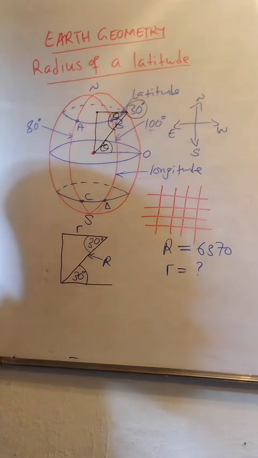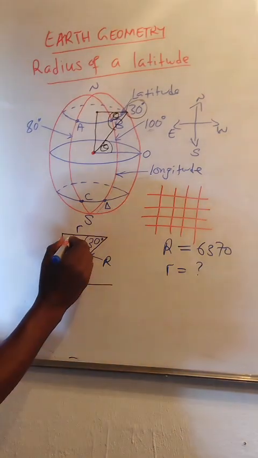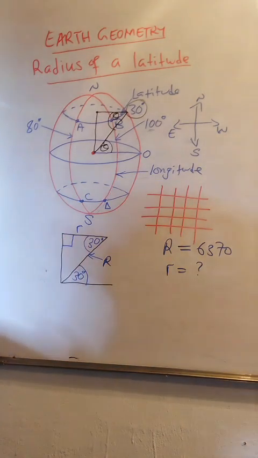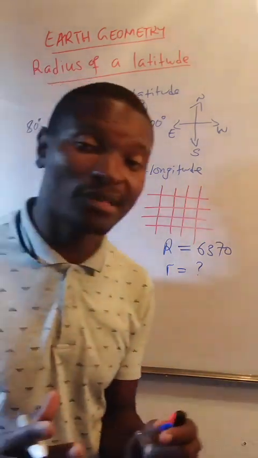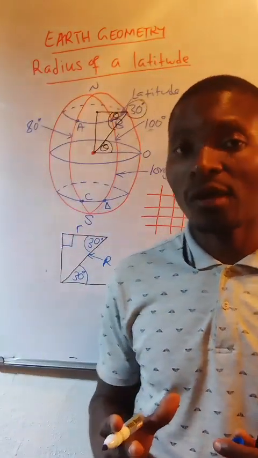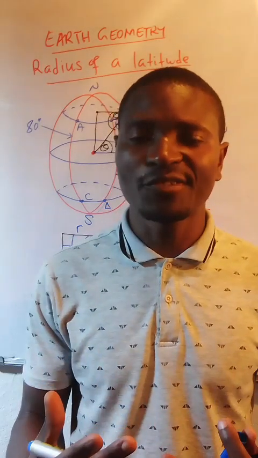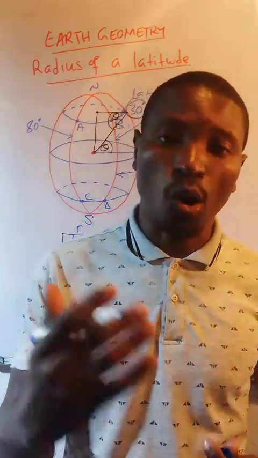Now, from the concept of trigonometry, we understand that this is a 90-degree angle, okay? And then we can now invoke something that we already know. We know when it comes to trigonometry that we can use the cosine, okay?